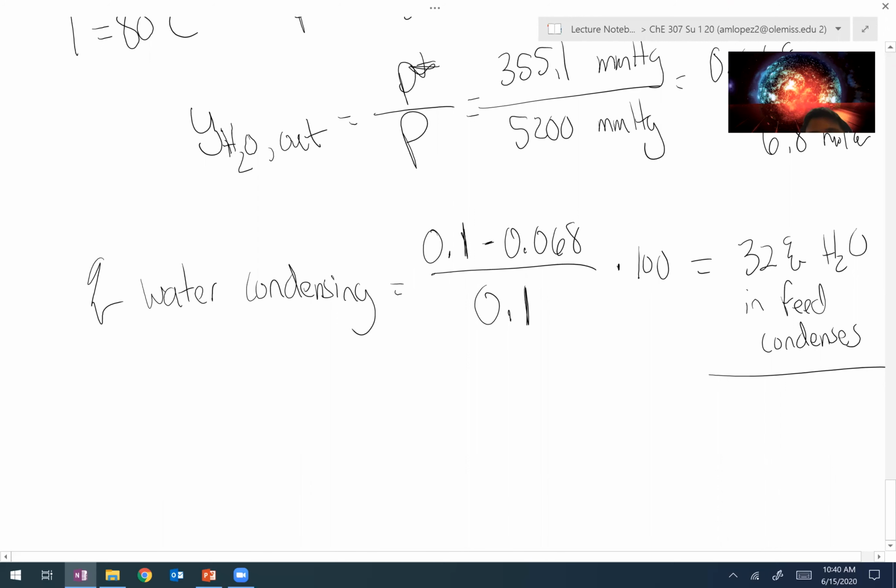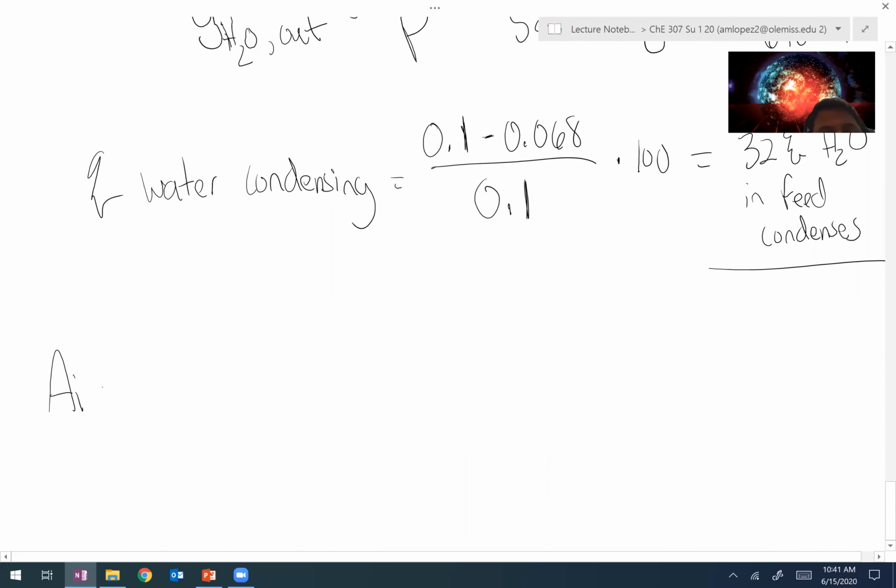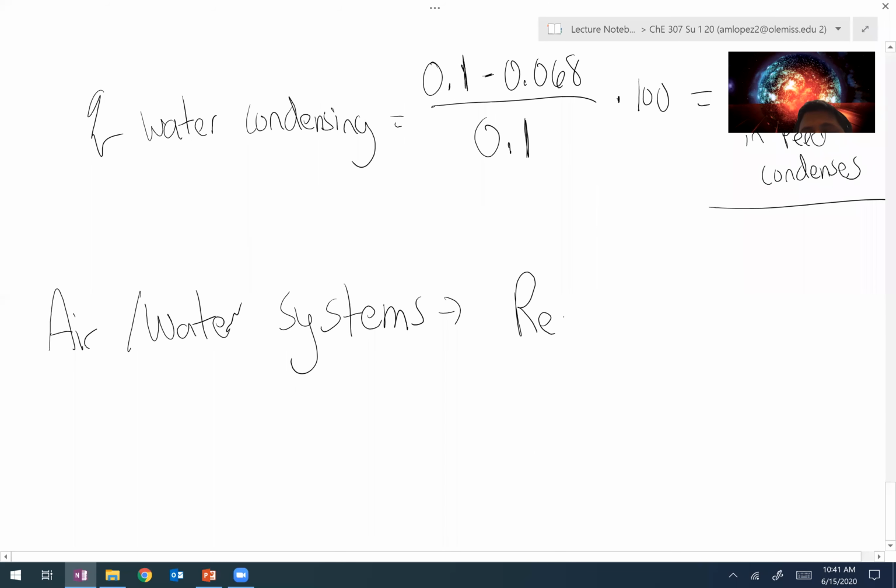Now, when we're looking at air and water systems, there's a couple of terms that we like to use. One I'm sure you've heard of before is relative humidity, especially those of you that live in Mississippi, you know, humidity is kind of king during the summer.